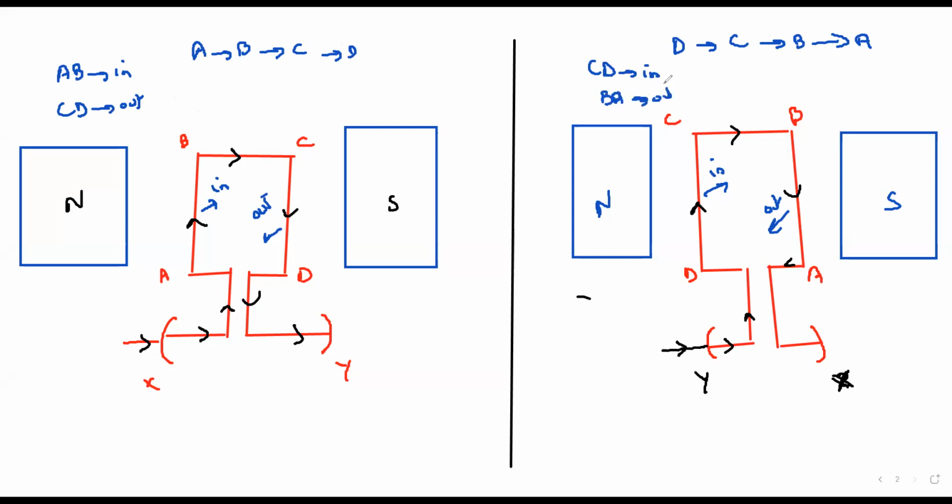So the direction of the current reverses, the direction of the force reverses, but because on the left hand side, any side which is coming on the left experiences the force into, and any side which will be on the right hand side will experience the force out of. So the relative direction does not change. Any side on the left hand side will experience in, and any side on the right hand side experiences the force outward.